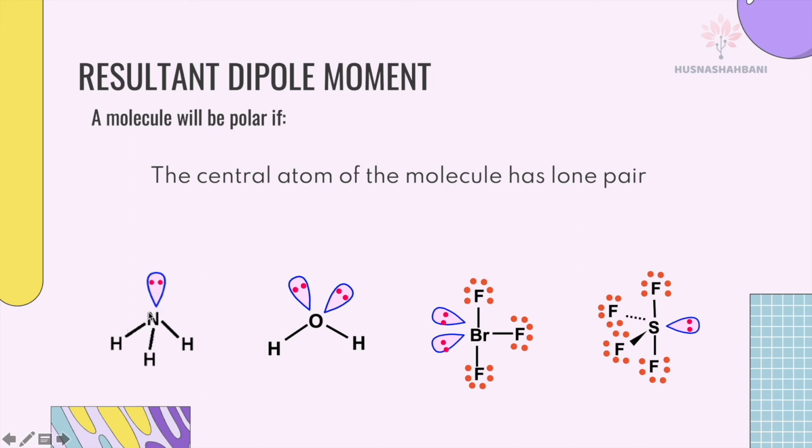If the molecule has the same surrounding atoms but has a lone pair electron, the molecule will be a polar molecule. The same goes for water, same surrounding atoms but it has lone pair electrons, so this is a polar molecule. For this one, polar molecule because the central atom has lone pair electrons. This is a polar molecule because the central atom has lone pair electrons.